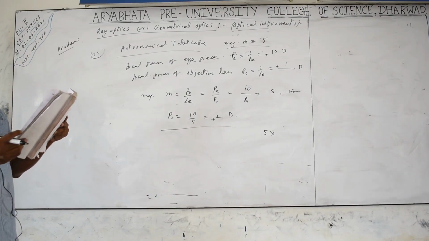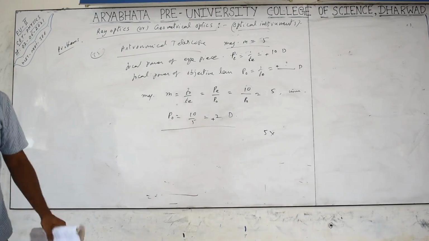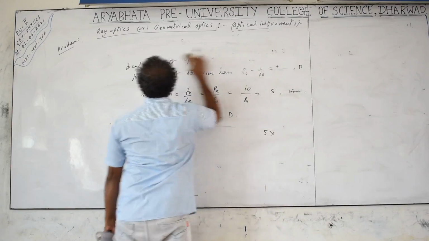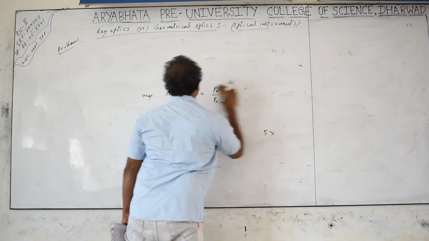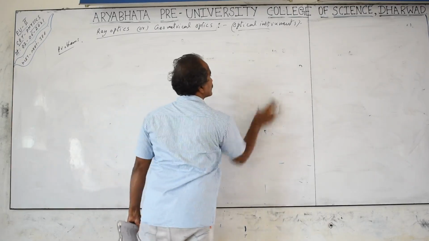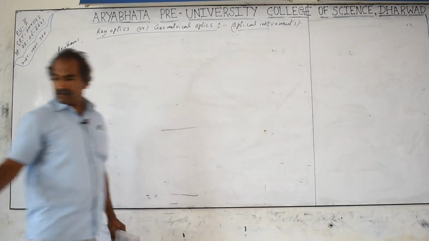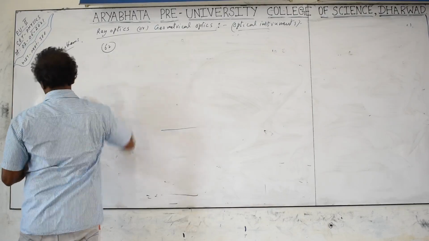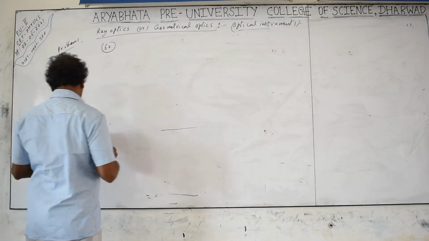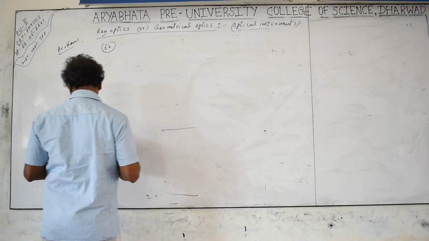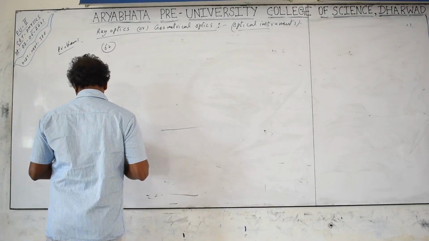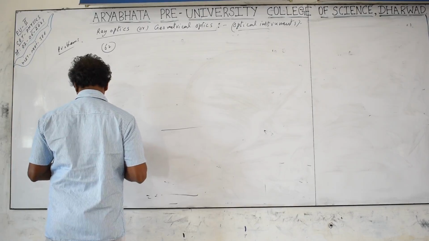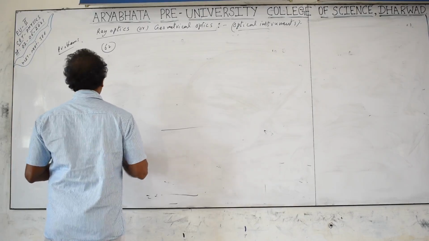Next, level 2, question number 62. Two plane mirrors L1 and L2 are parallel to each other, 3 meters apart, as in the figure.